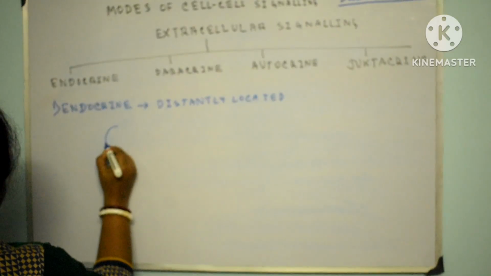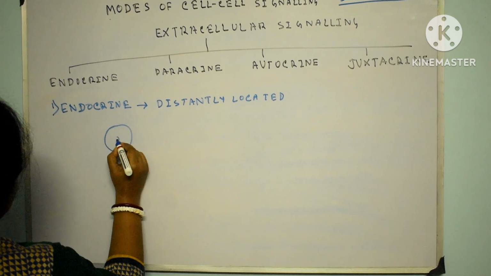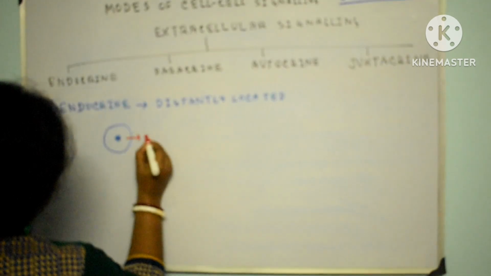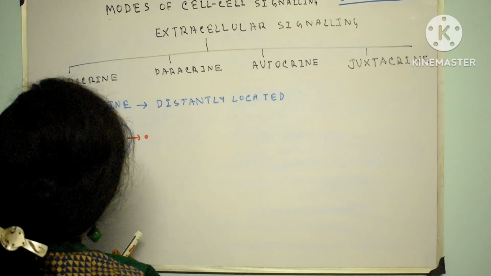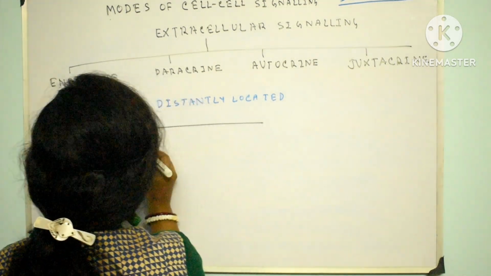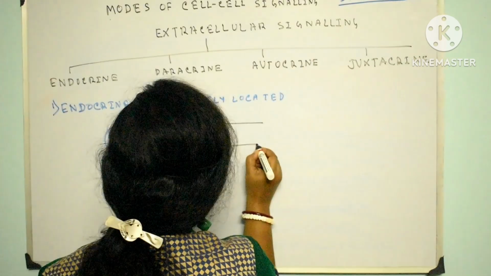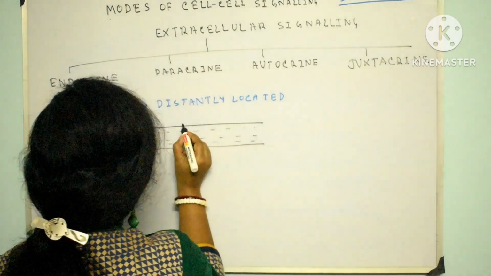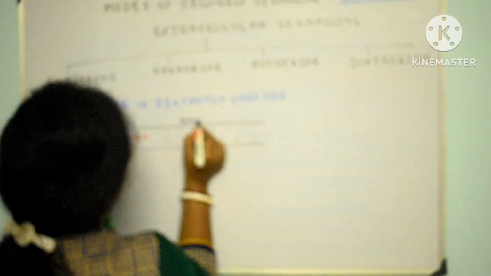Here a cell, an excited cell, releases a signal molecule. Now that signal molecule travels a long distance through the bloodstream.